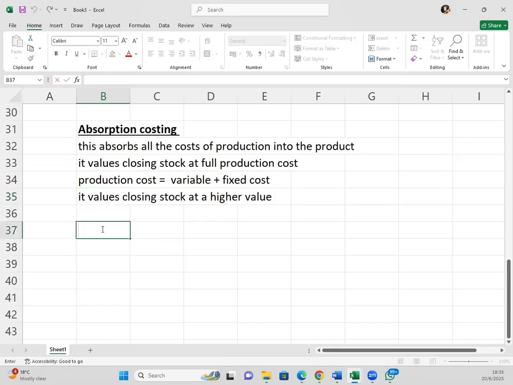On the other hand, we have marginal costing, or contribution costing. This only takes into account variable cost.